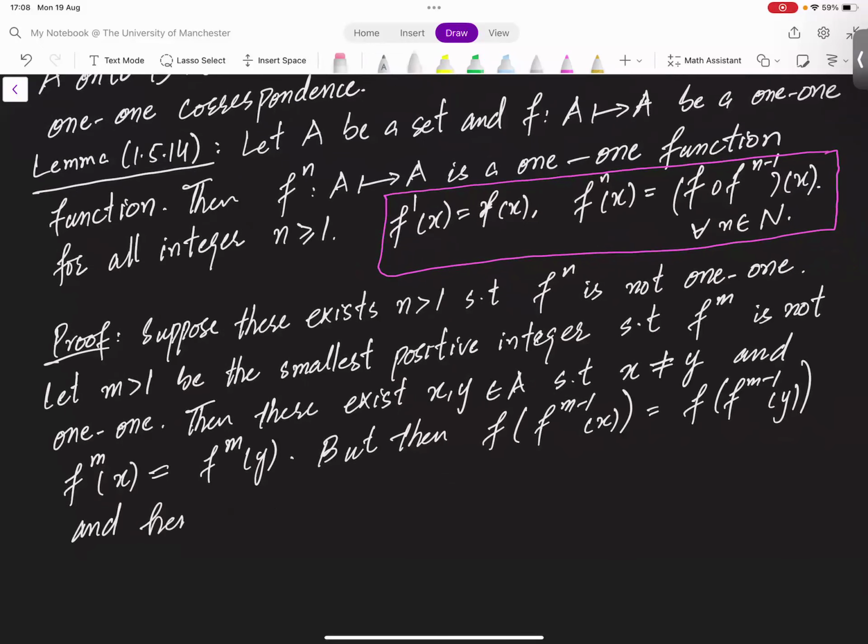And hence f power m minus 1 of x is f power m minus 1 of y, since f is 1-1.